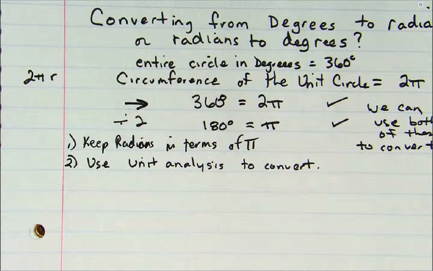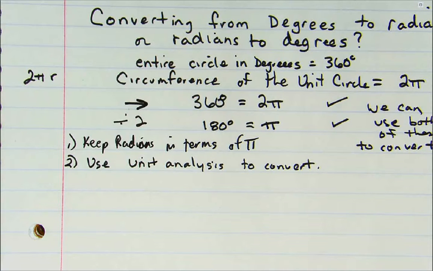Eventually, you are going to decide what is easiest for you to convert. What is going to be the easiest way that you can convert things? But unit analysis works 100% of the time. It's very organized.